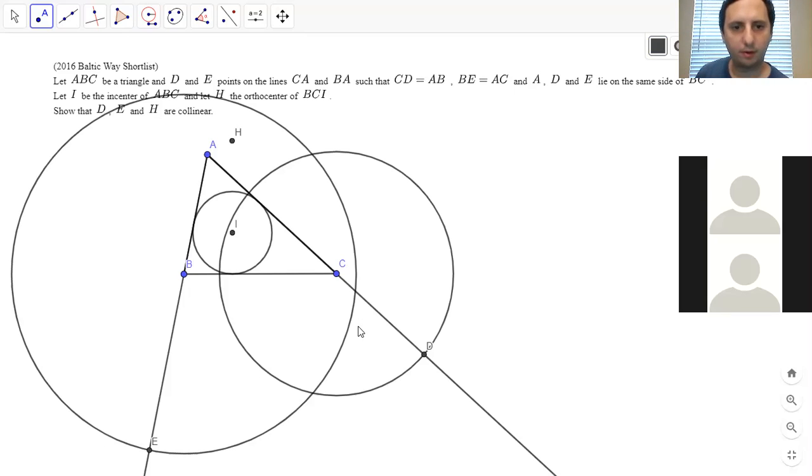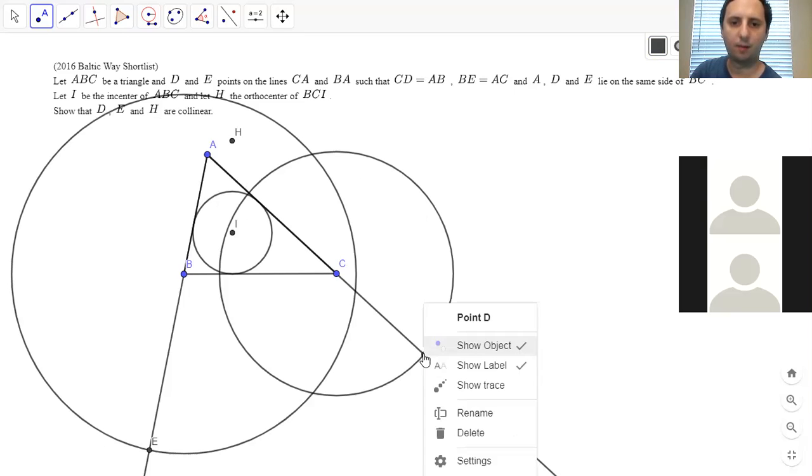Where did I go wrong here? Maybe I think the points are supposed to be on the other sides. Oh, A, D, and E lie on the same side of BC. That's the problem. So yeah.